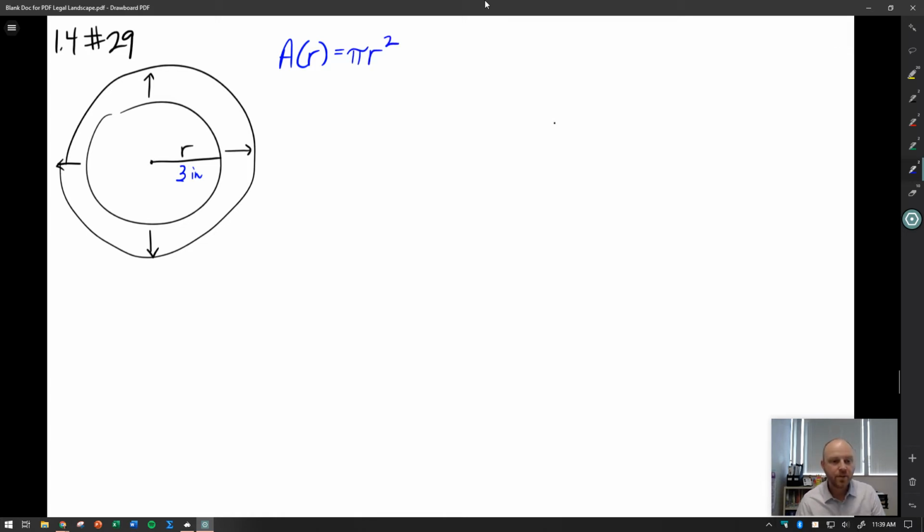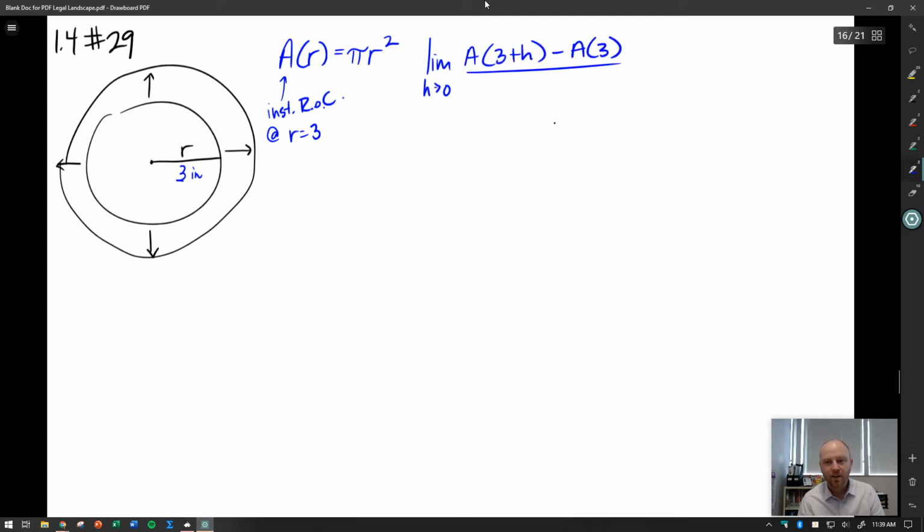And so now what we want to do is find the rate of change of the area. So we're talking about an instantaneous rate of change, instantaneous ROC, and we want to do it at radius equals 3. And so we're going to get that done with a limit as h goes to 0 of A of 3 plus h minus A of 3 all over h.